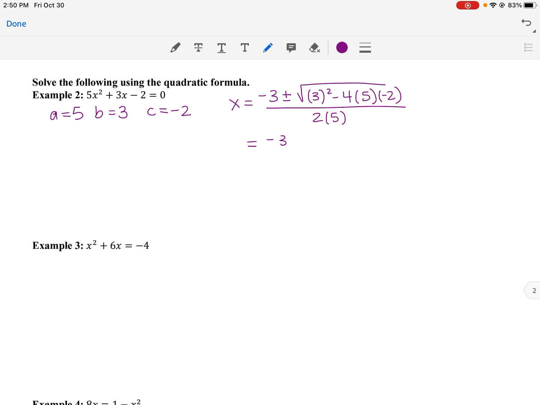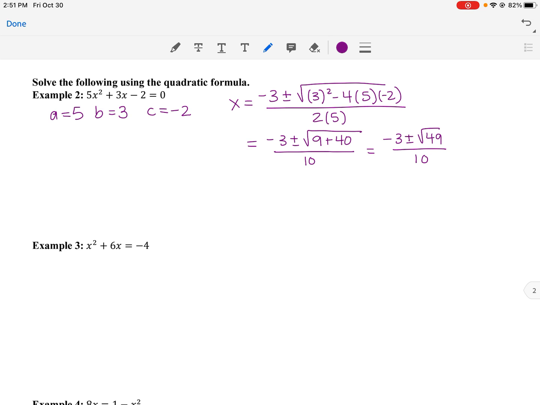So we get -3 plus or minus the square root of 9. -4 times 5 times -2 is a positive 40. All divided by 2 times 5, which is 10. So we get -3 plus or minus the square root of 49 divided by 10.